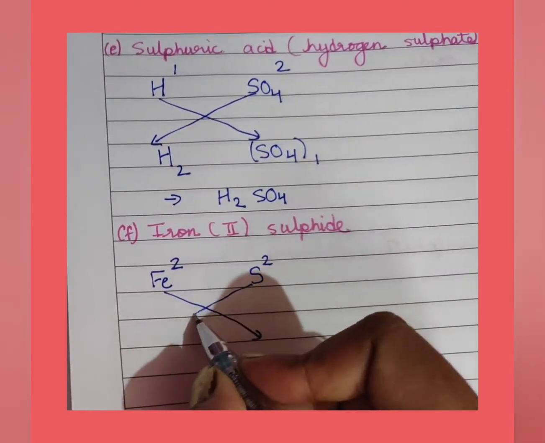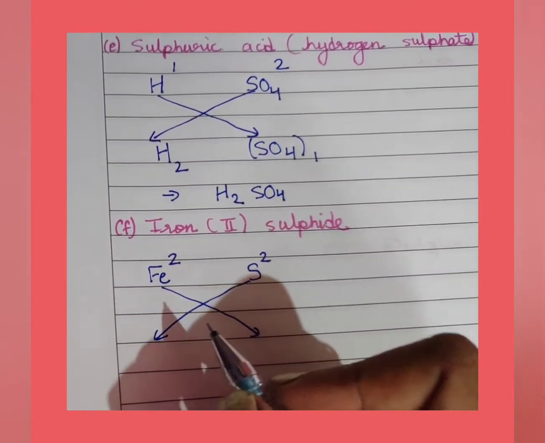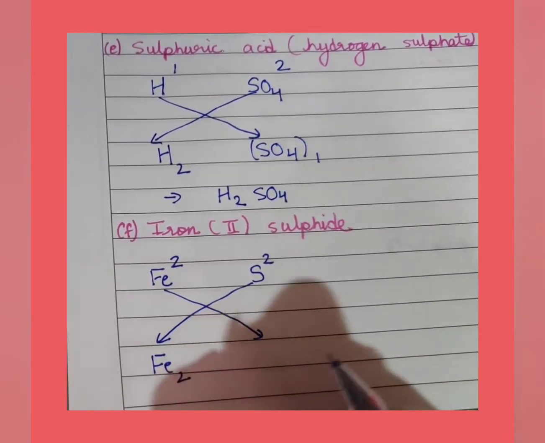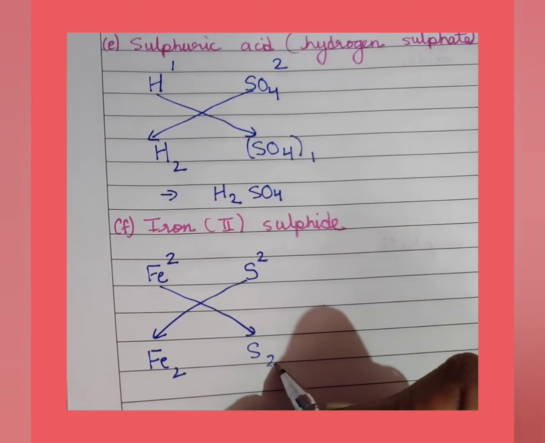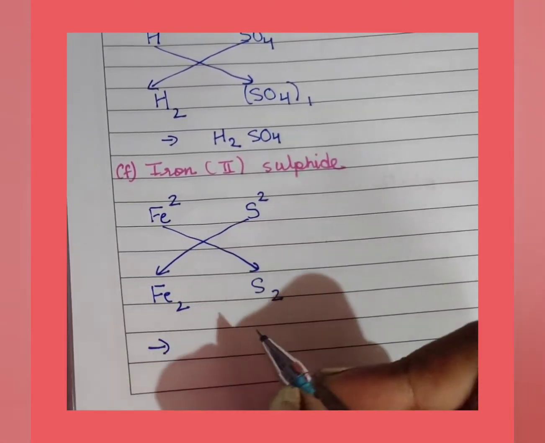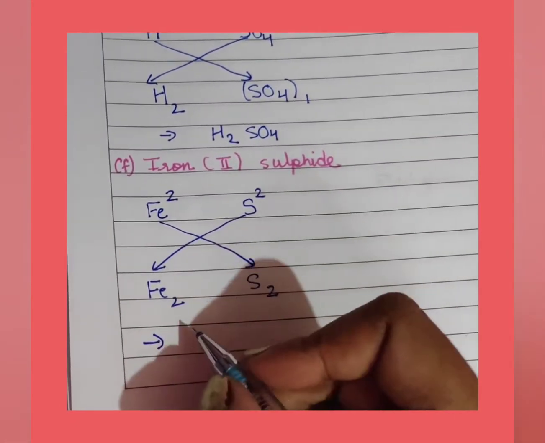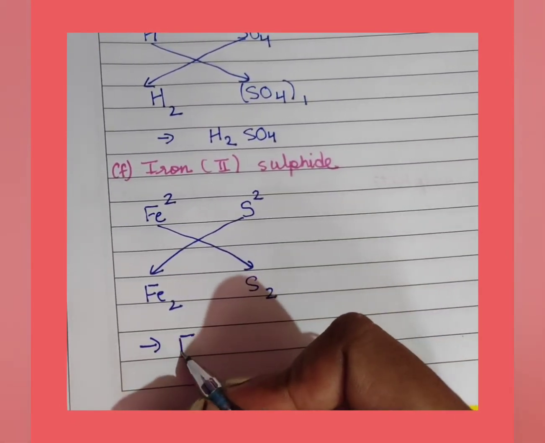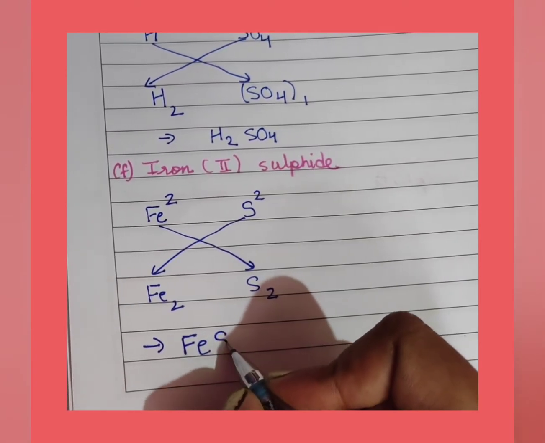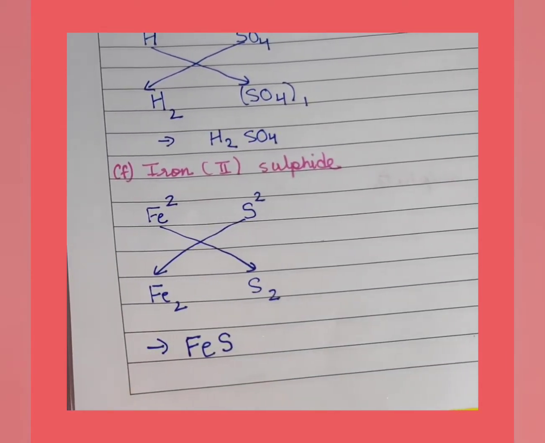They will interchange the valencies. After interchanging, 2 comes as subscript. 2 is the common factor which can be ignored. So the formula is FeS.